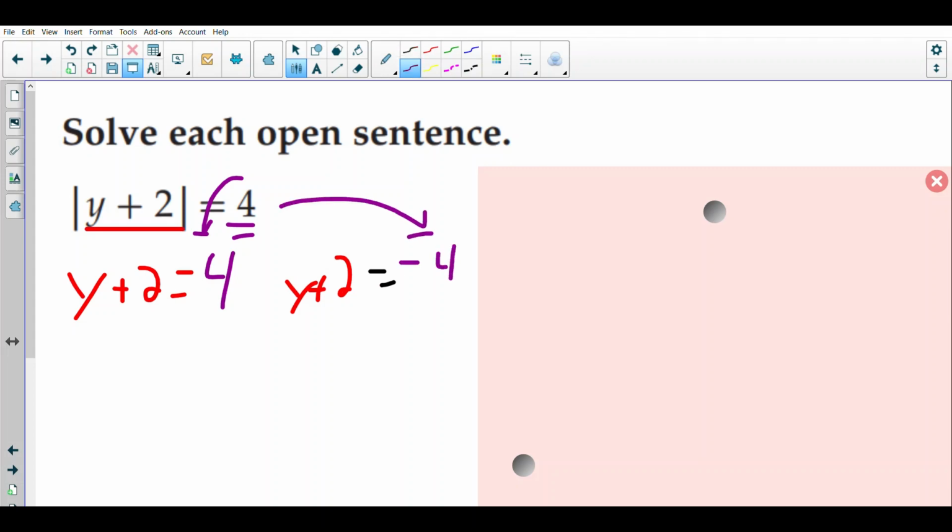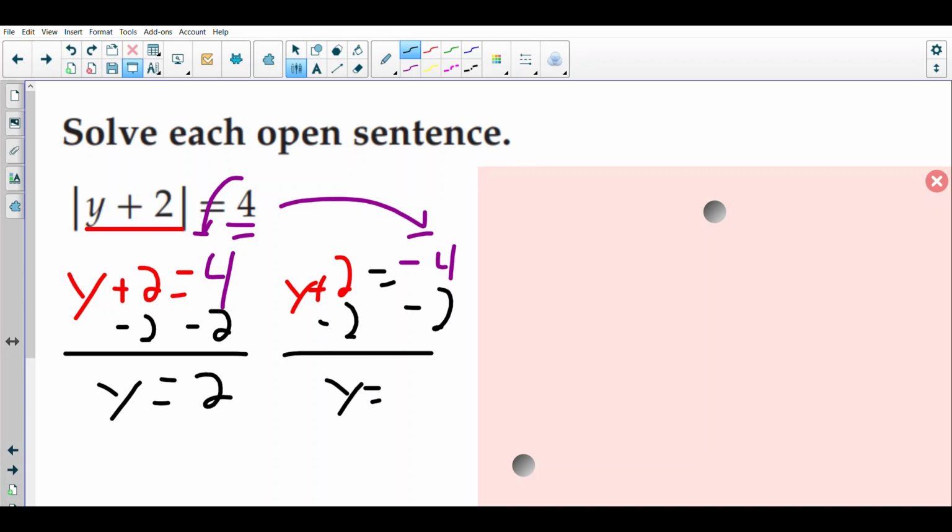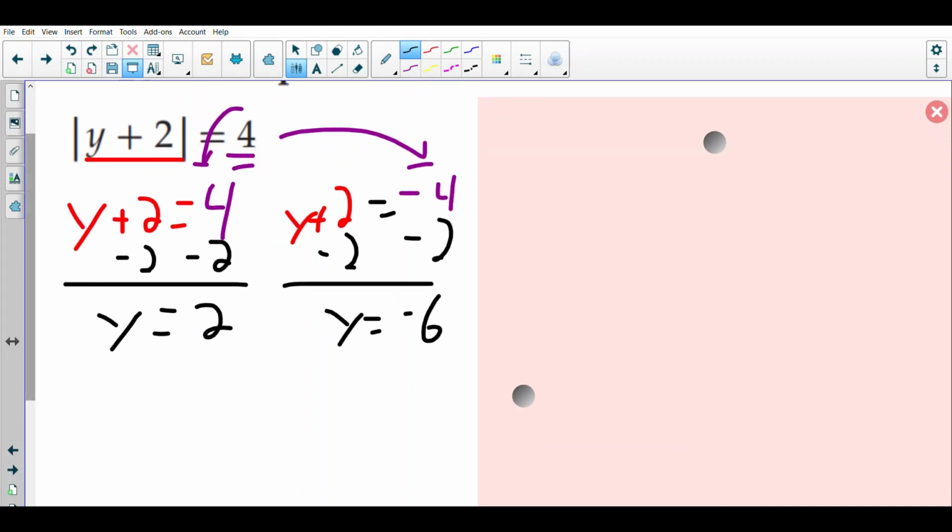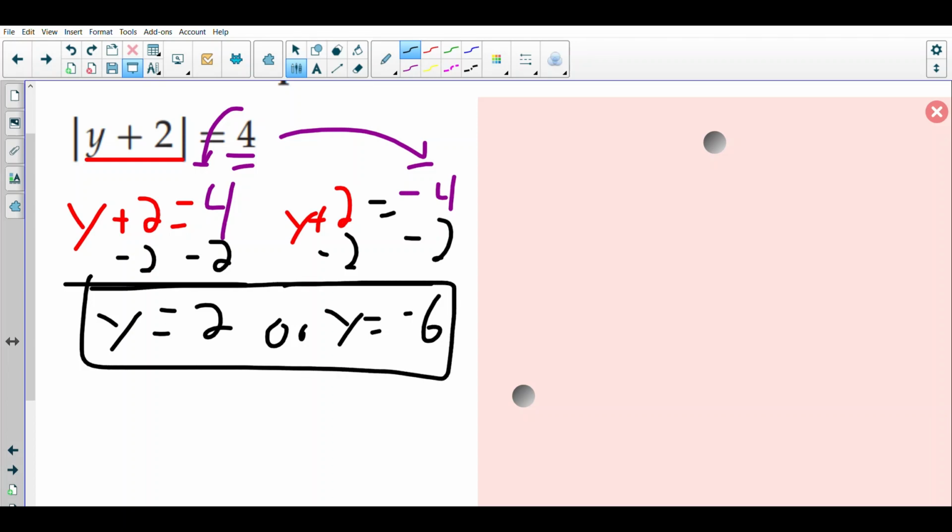So it can be either one. Now we just solve like normal. Subtract 2 from both sides. So we get y is equal to 2. Subtract 2 here, we get y is equal to negative 6. So in many cases, you should have two answers for absolute value equations. And when you plug either one of those in, you'll end up with 4 in the original equation.